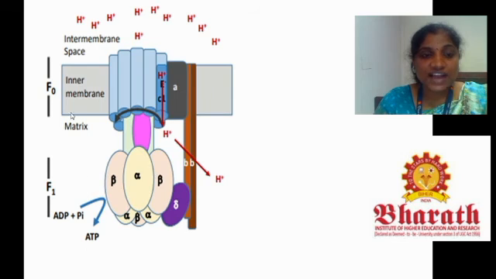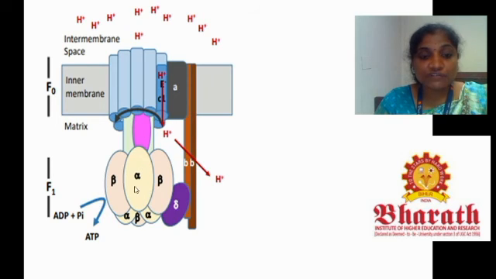Here we have many subunits. The F0 and F1 domains each have various subunits: the A, B, and C subunits and so on. The B subunit acts as the stator; it does not move. The A subunit plays an important role in joining the B subunit and the C subunit.